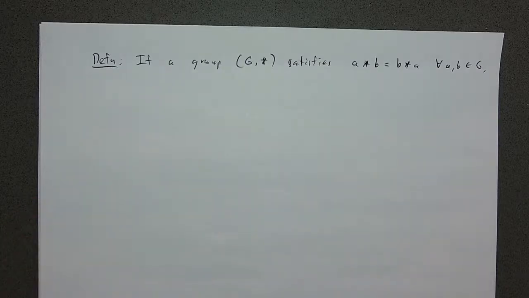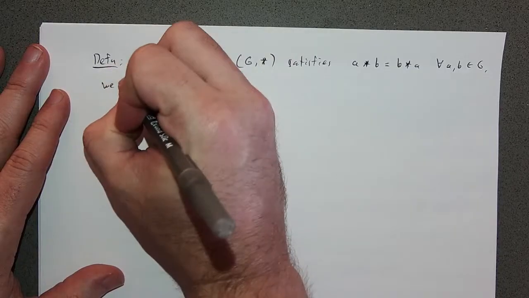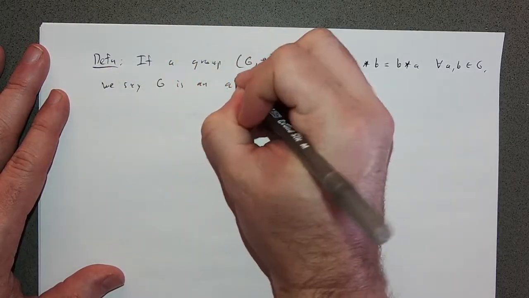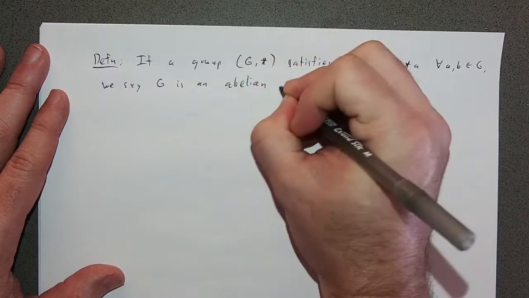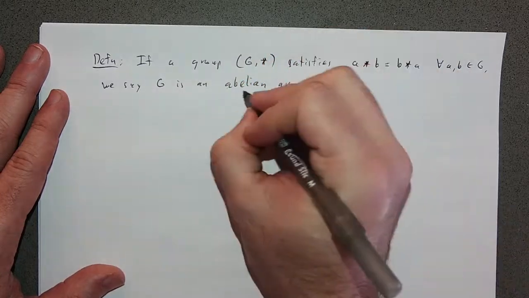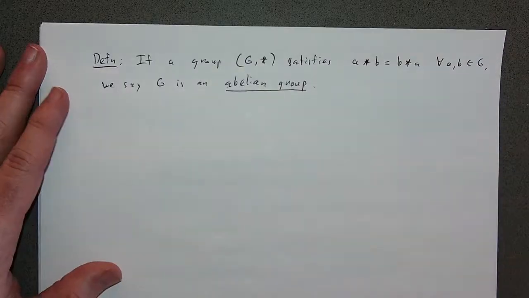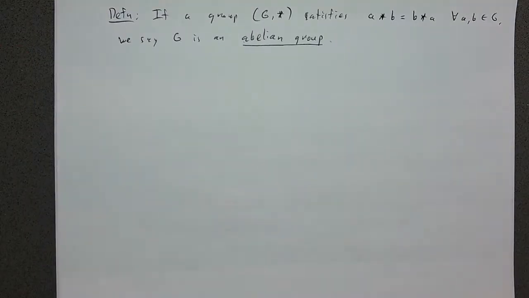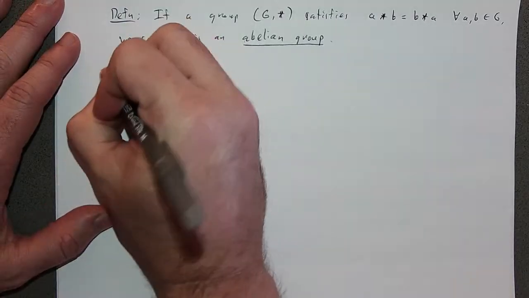In this case, we say G is an abelian group. So an abelian group is one for which the binary operation is commutative. Okay, so these matrix groups, of course, are going to fail that in many instances. Let's see some other examples before moving on.